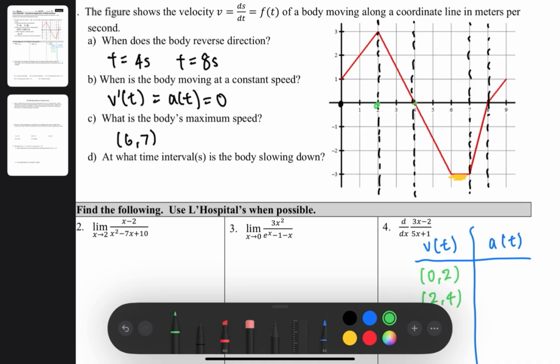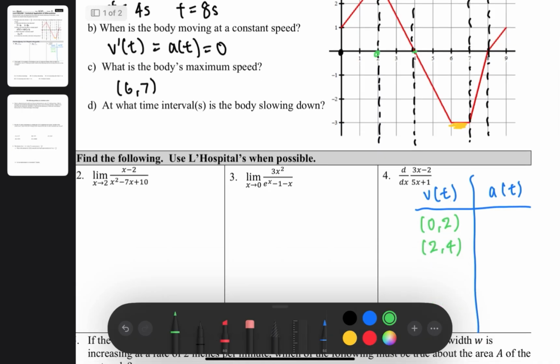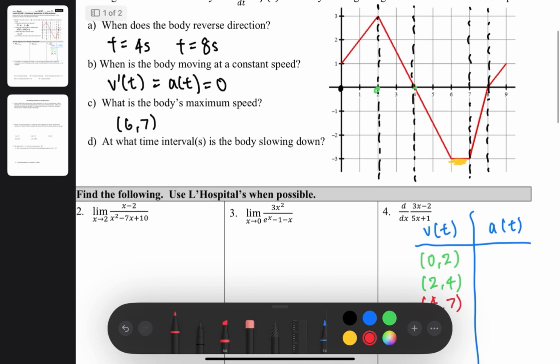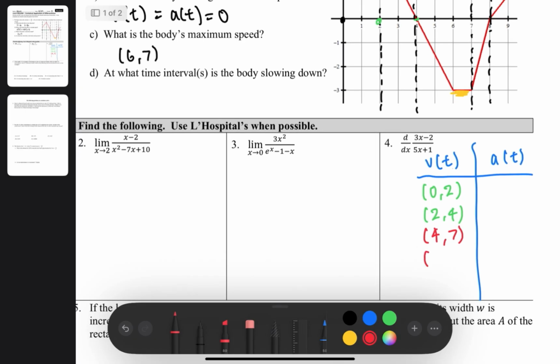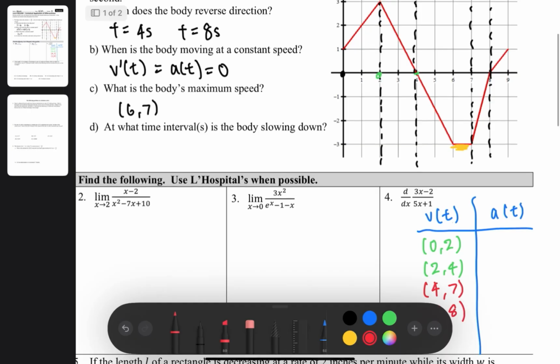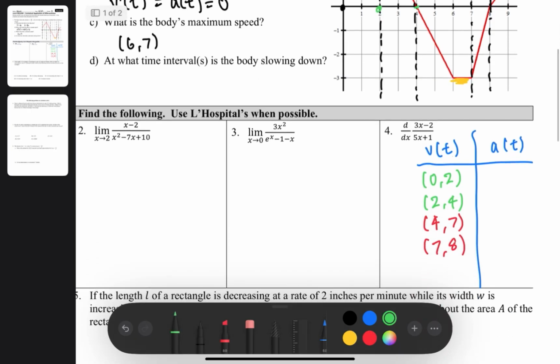Then from 4 to 7 seconds, our velocity is negative. So let's write it in red from 4 to 7. From 7 to 8 seconds, our velocity is still negative. And finally, from 8 to 9 seconds, our velocity is positive. So let's write it in green.